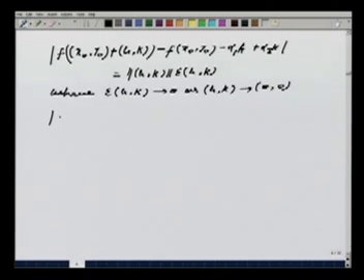Now I just look at f of x naught plus h, y naught plus k minus f of x naught y naught.